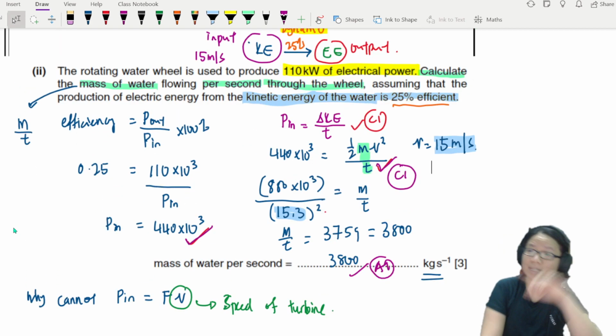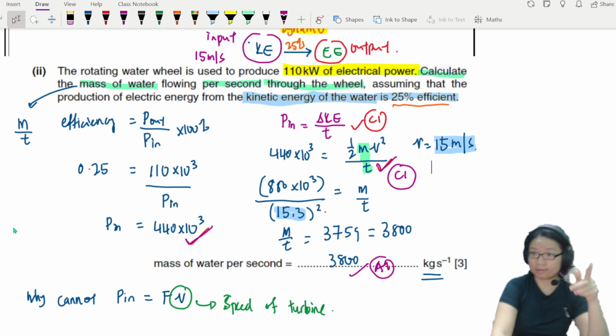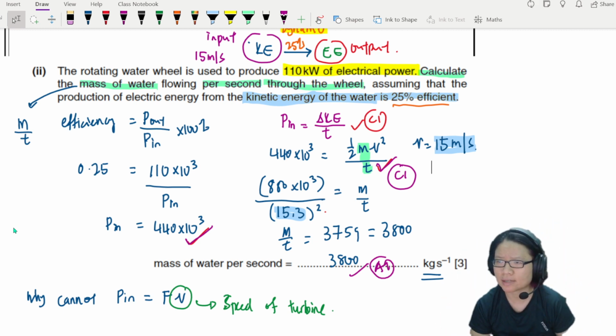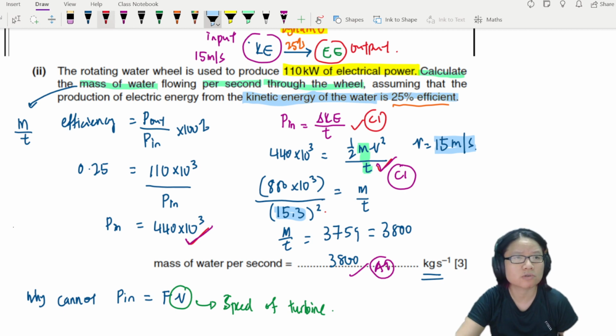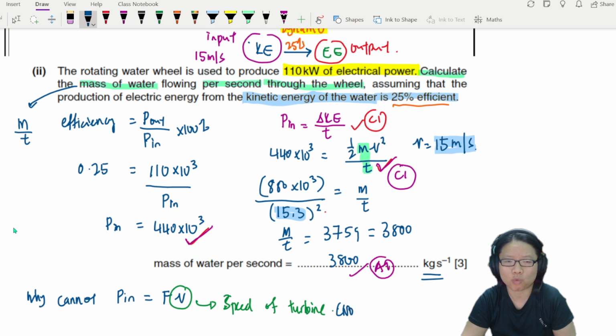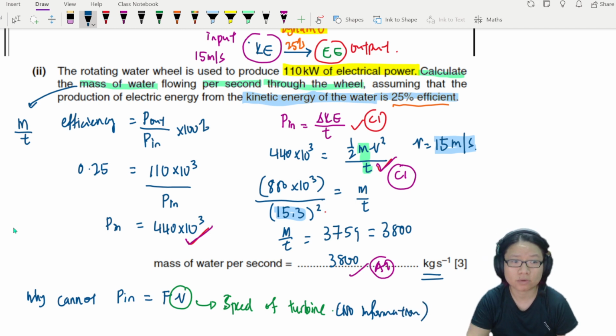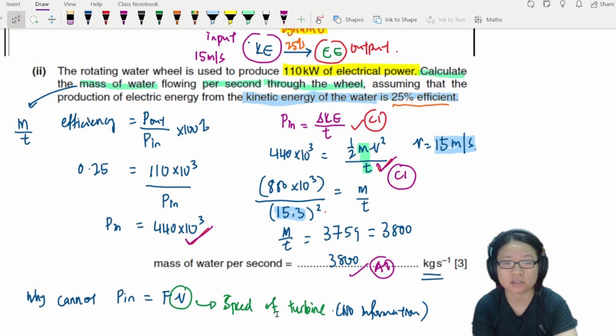But it is not the speed of rotation of the wheel. Okay, the wheel is not rotating at 15 meter per second. Makes no sense, right? So this one should be the speed of the turbine, but no info. We don't know the rotational speed of the turbine, so we cannot use it.